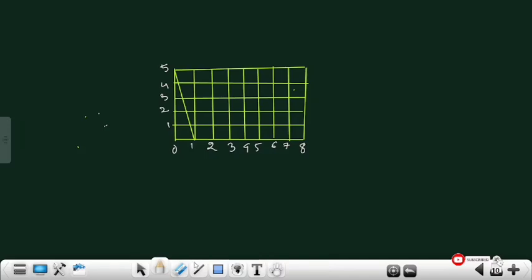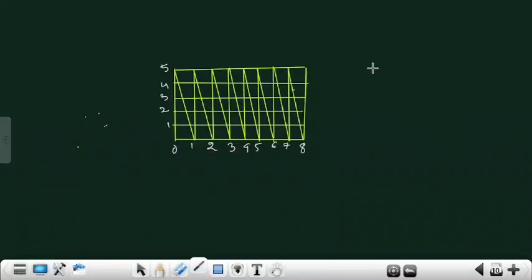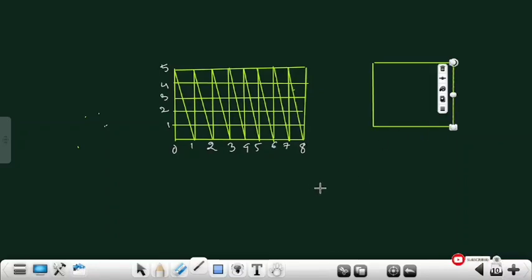5 parts. Next, for better clarity, just draw a single parallel diagonal line so you can understand better.